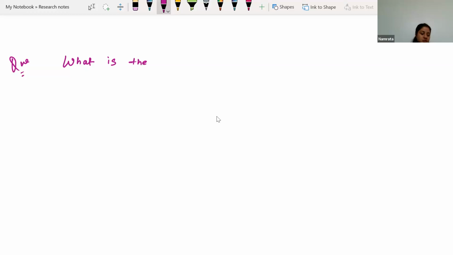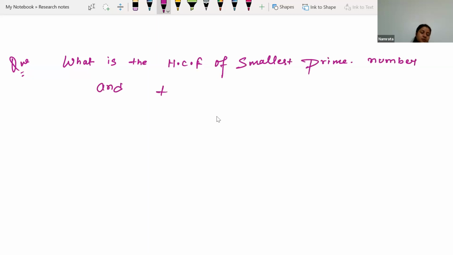Let's do it. So what is the HCF of the smallest prime number and the smallest composite number?